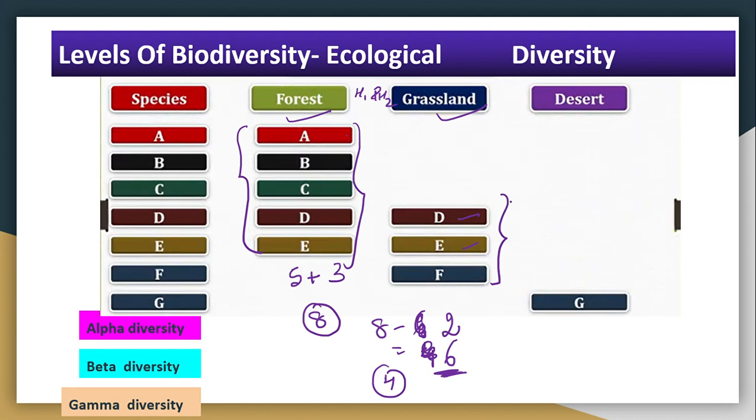Getting my point of what I'm trying to explain? See, you cannot add total species and then minus common species. You cannot do that because that is not going to give you the correct answer. I don't know how many commons are in this particular H1, how many common in this particular H2, right? So what you have to do is separately deduct or separately subtract your common species, right?